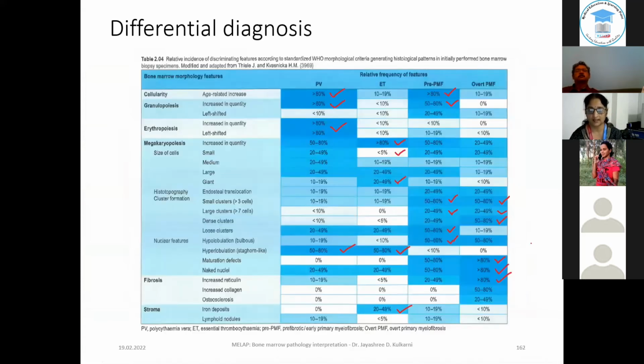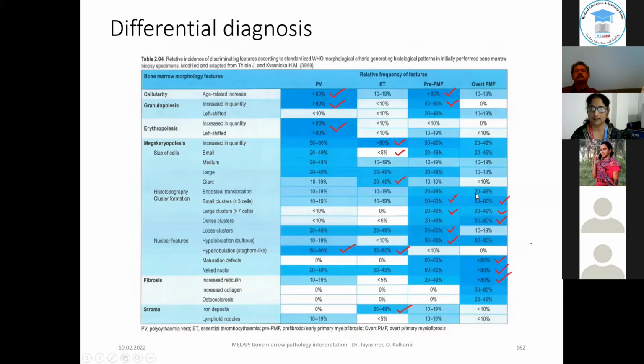Now, this is a nice chart given in the WHO book, which tells you how to differentiate between the myeloproliferative neoplasms based on the cellularity and the granulopoiesis, erythropoiesis, which is more in polycythemia vera.